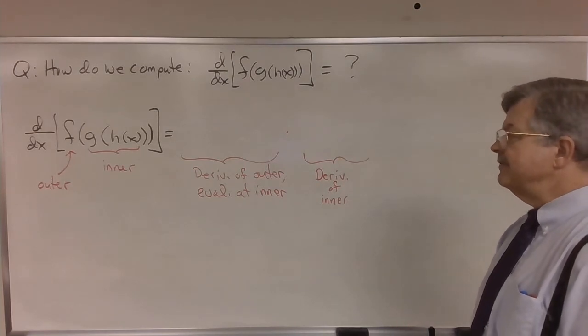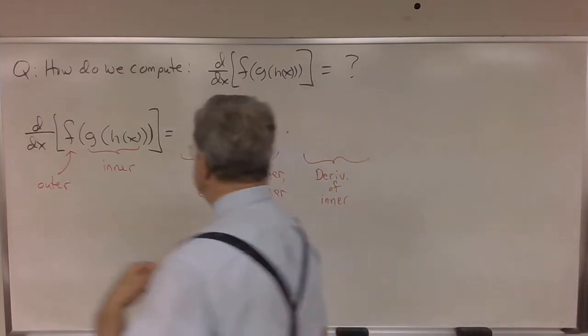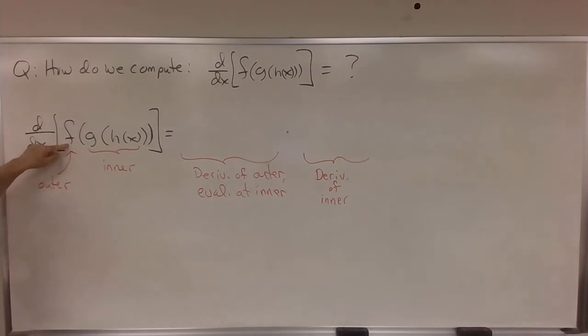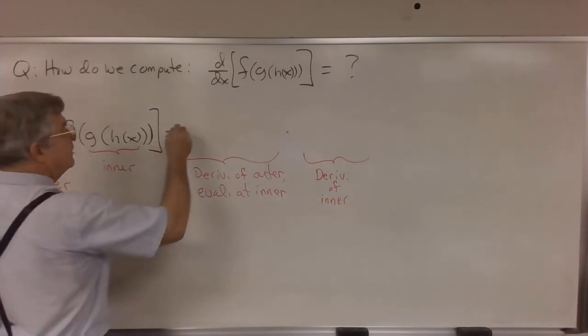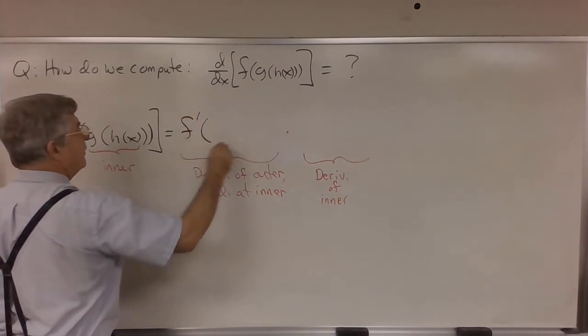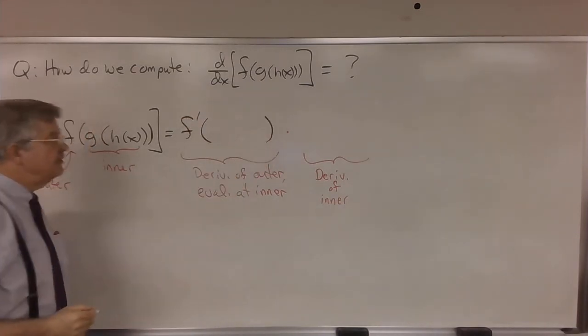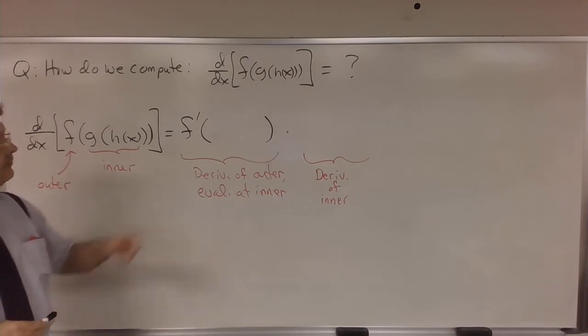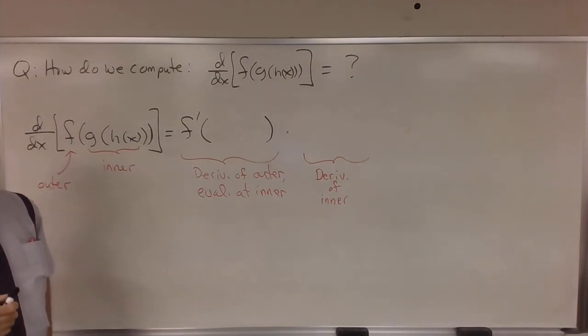So the derivative of the outer, well, the outer function is f evaluated at something. So the derivative of the outer function is f prime evaluated at something. So there we go. This is the derivative of the outer.